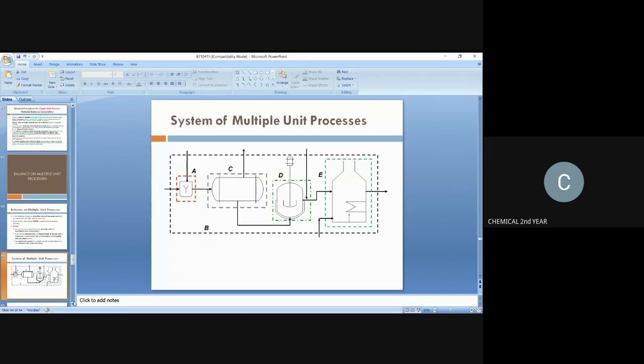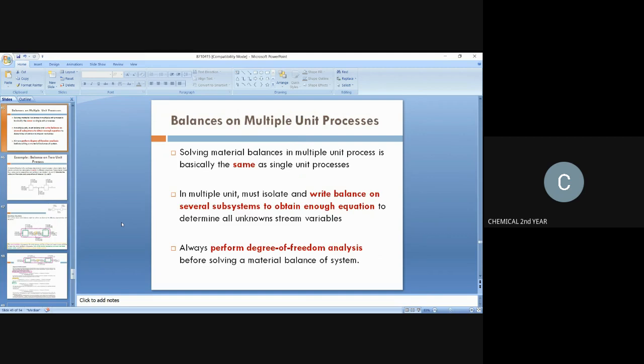Here is the system of unit processes, in which A, B, C, D, and E are the five unit processes that are involved in the system. Balances on multiple unit processes.